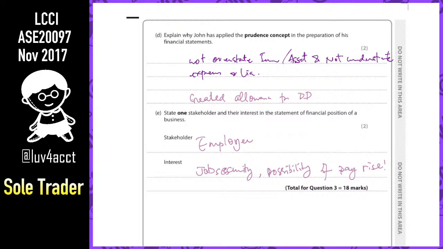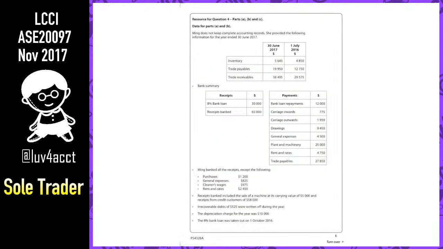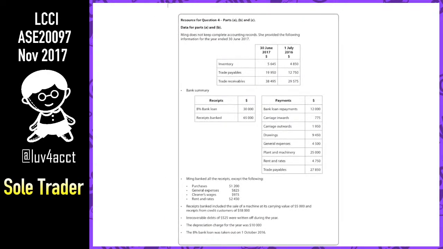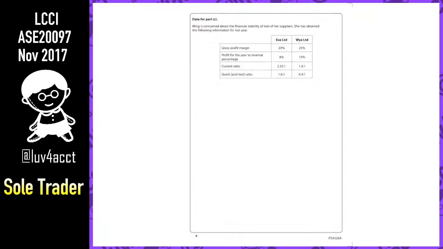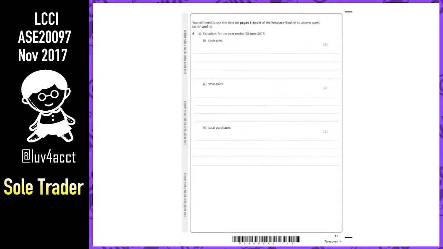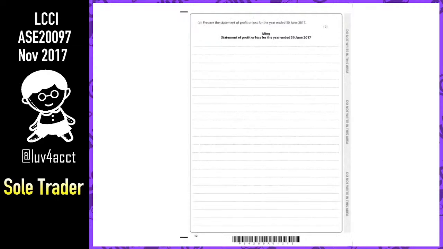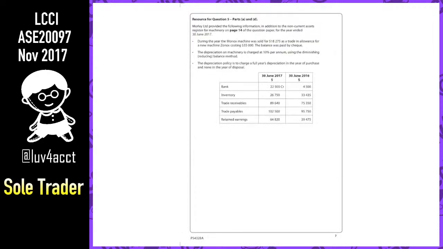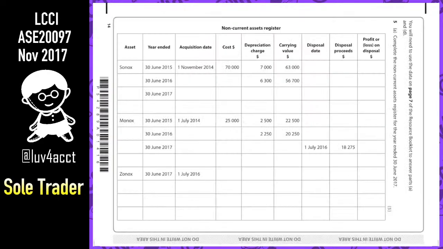After we are back from the break, we will look at this question. This is single entry, and then explanation, evaluation questions, and then statement of profit or loss, evaluation, and then we have a non-current asset register.